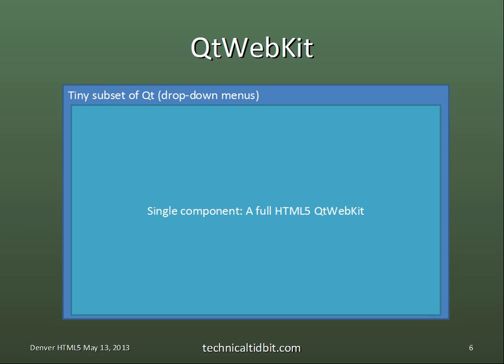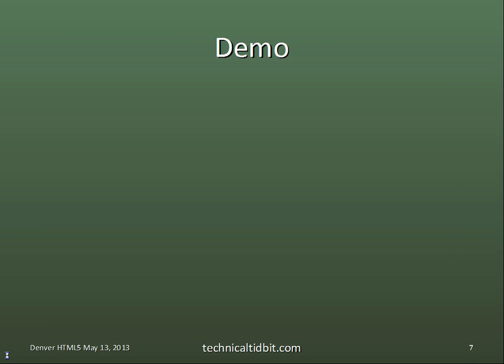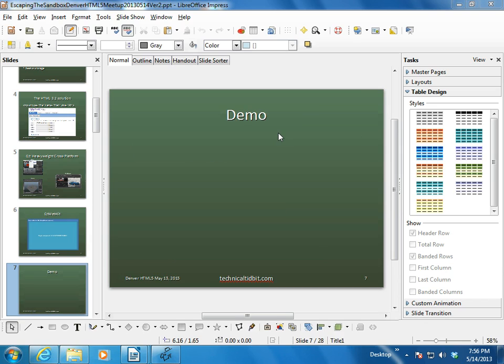So the application ends up being a small C++ shell with a single component where 98% of the code resides in HTML5. So 98% HTML5, 2% C++, just to handle the outside window and the file access. Let's take a look and see what that looks like.